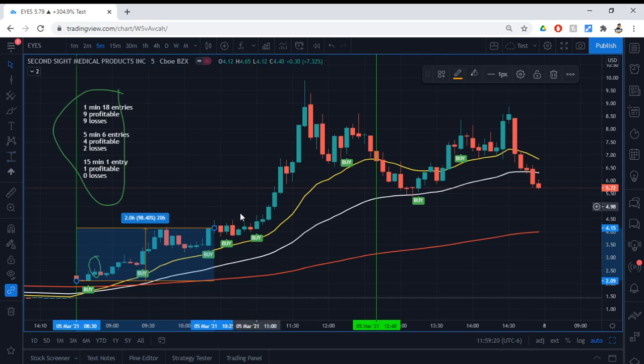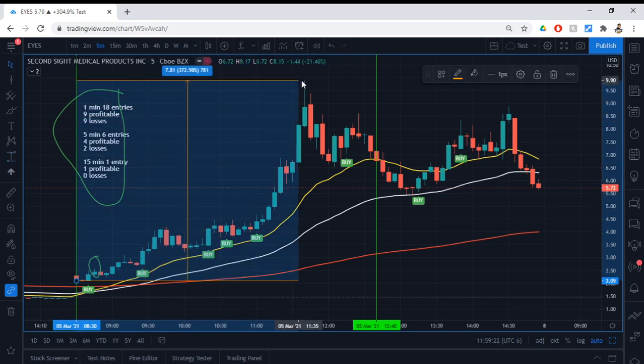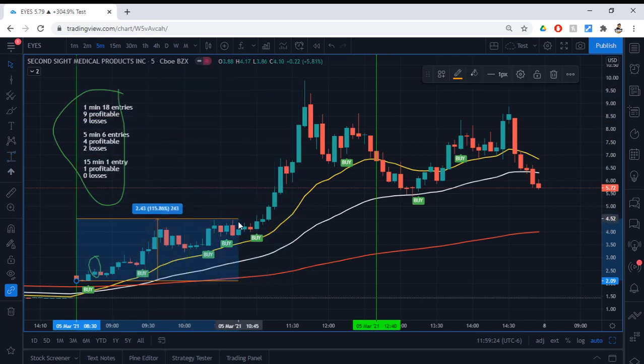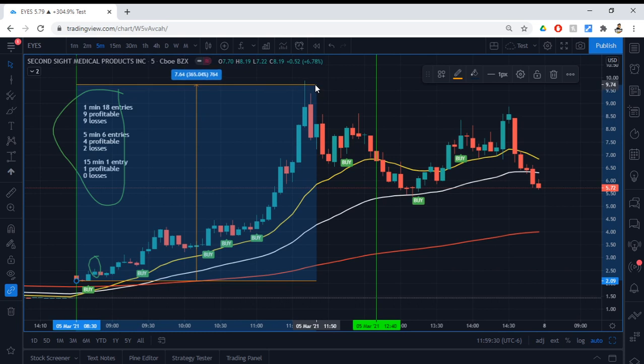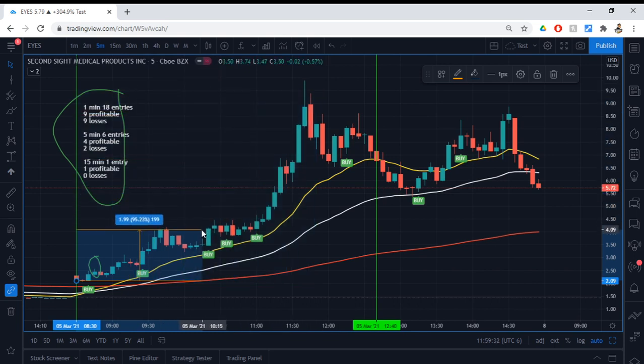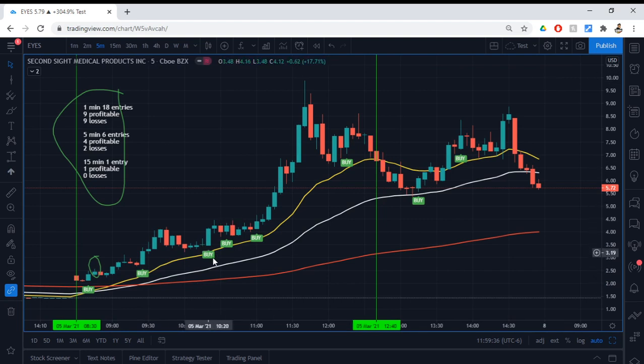For things to move up 400%, first they need to move up 100%, then 200%, and then 300%, and then 400%. So you just need to trust the system. This indicator gives signals for a reason. Trust the stop loss, and it is what it is.